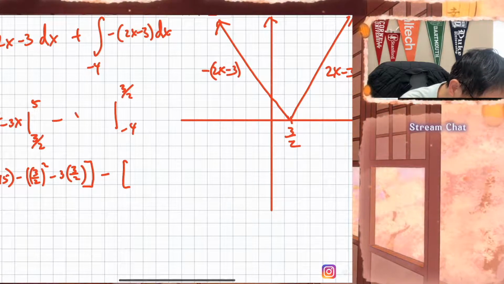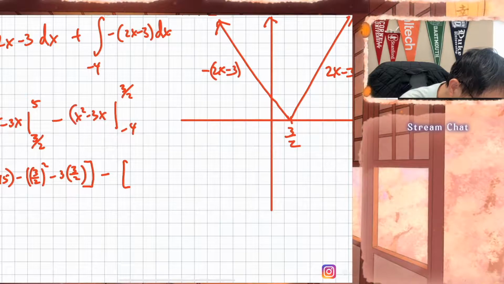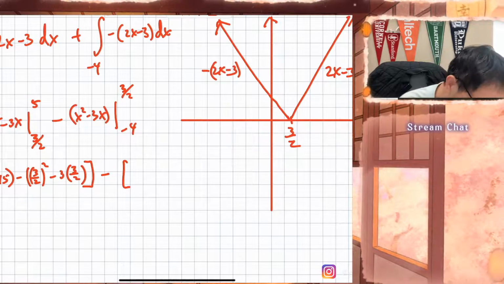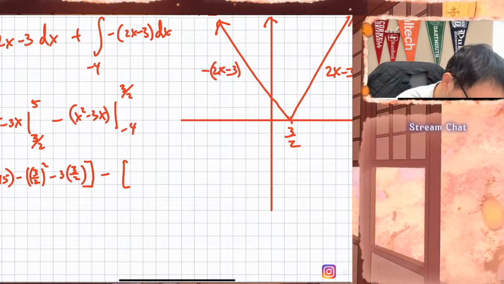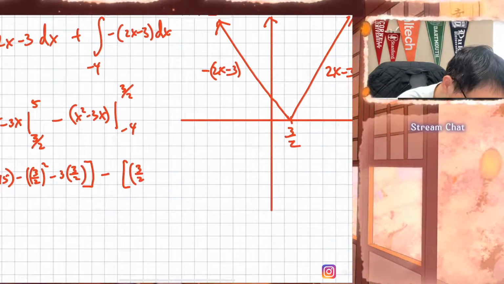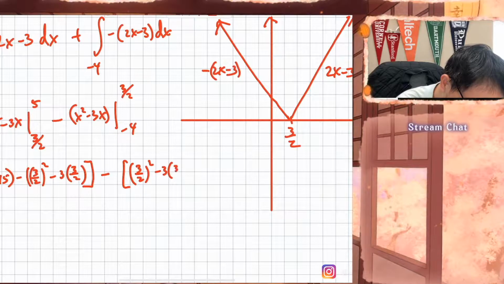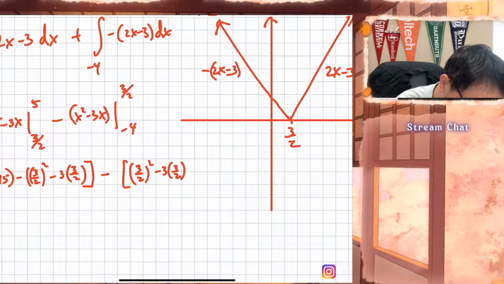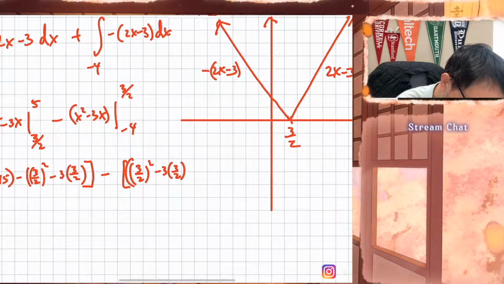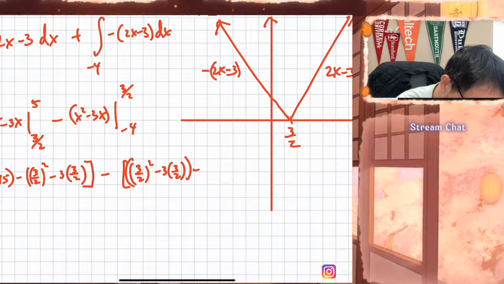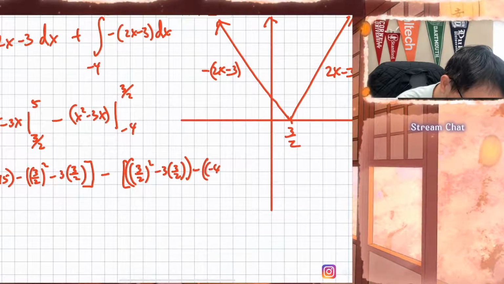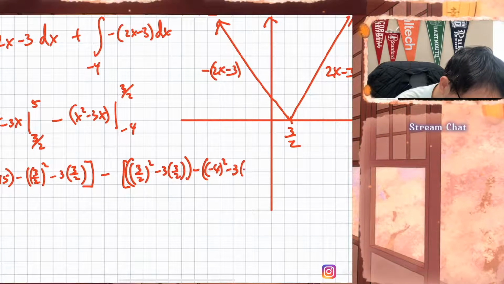It should be x squared minus 3x also. So it'd be 3/2 squared minus 3 times 3/2. And there is a minus sign of -4 squared minus 3 times -4.